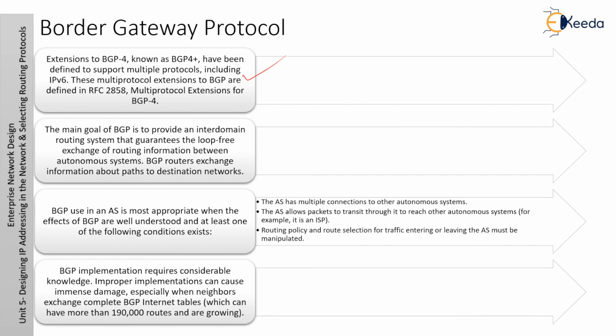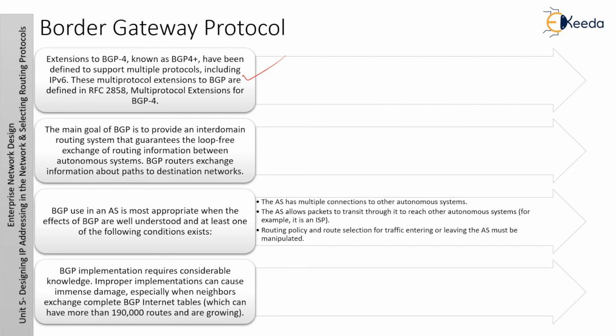It is very important that in this particular RFC, the classic definition of an AS is a set of routers under a single technical administration using an interior gateway protocol and common metrics to determine how to route packets within the AS, and using an inter-AS routing protocol to determine how to route packets to other autonomous systems.